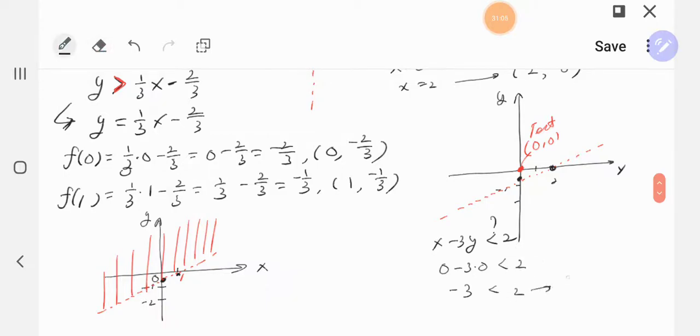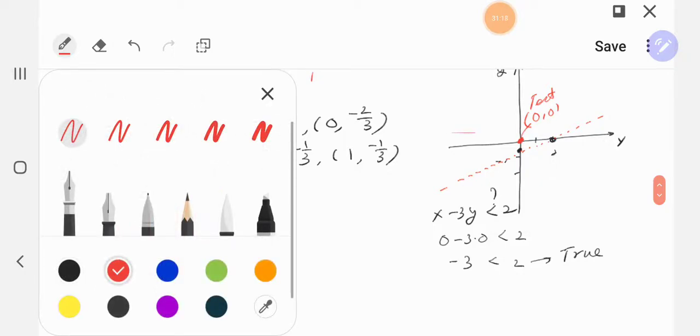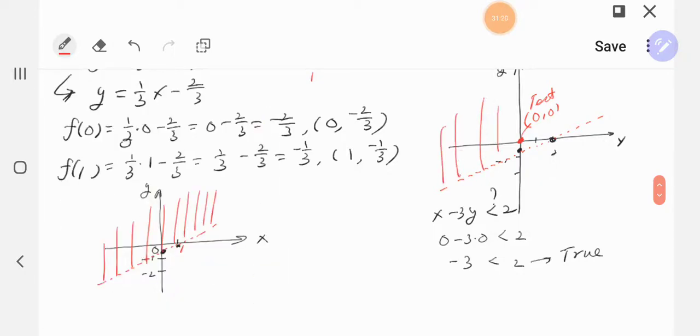Is this true? Yes, 0 is less than 2. This is true, right? So we will select the area containing this point, 0, 0. So the solution is this area containing this point. Make sense?